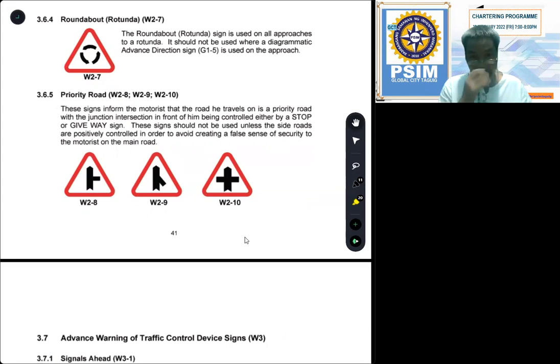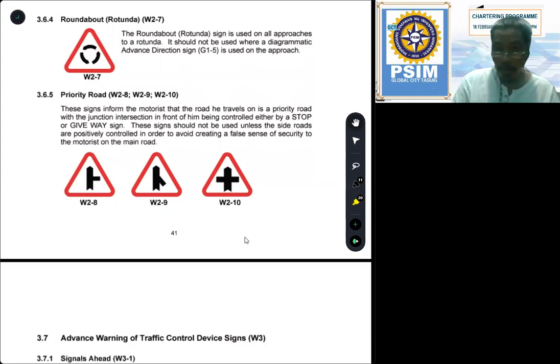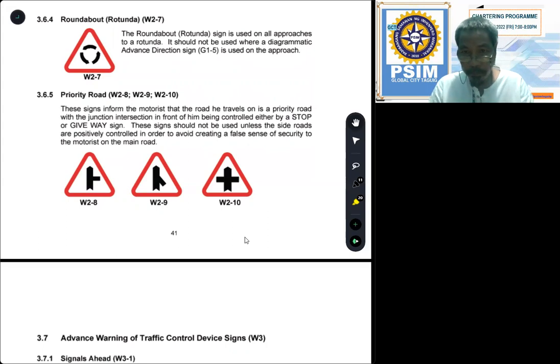So the road ahead would have a controlled junction with a stop sign and a give way sign. You are on the priority road, but you do not have a priority sign. Priority signs are the stop and give way signs.